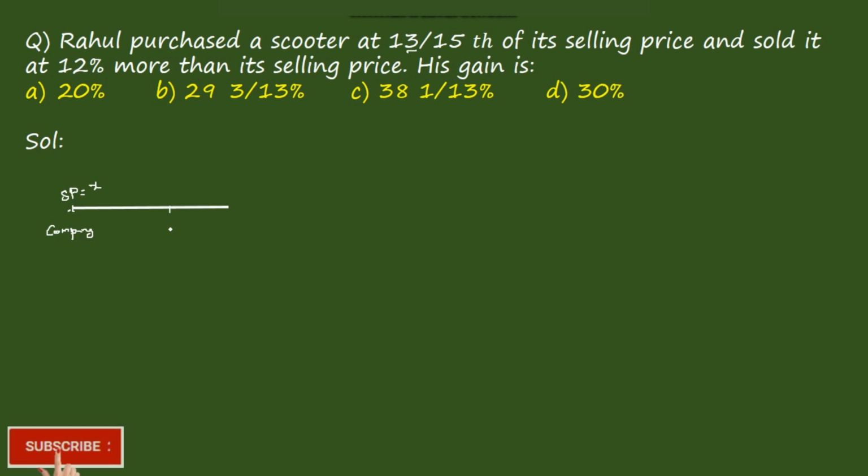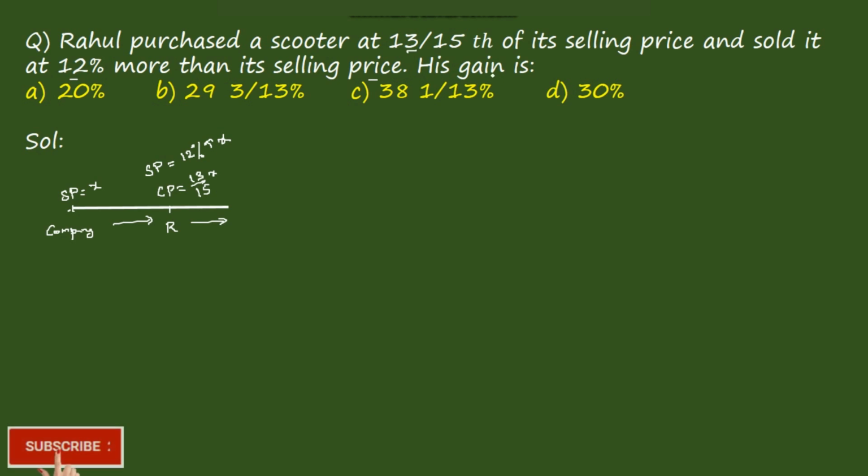Now Rahul is taking a scooter at a cost price. He is getting it from a company. So Rahul's price is nothing but he will be getting it at 13 by 15 of the selling price, which is nothing but X, right? Again they are saying sold it at 12% more than the selling price. Then Rahul will be selling it to someone else, so the selling price of Rahul is equal to nothing but 12% more than the selling price, which is nothing but X, right?